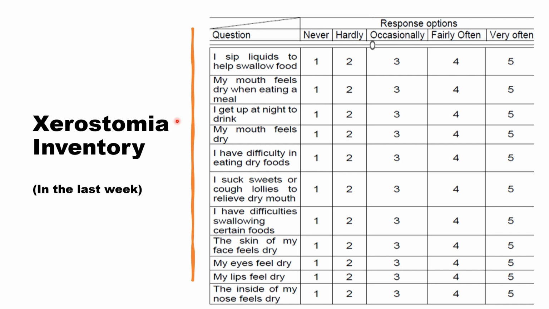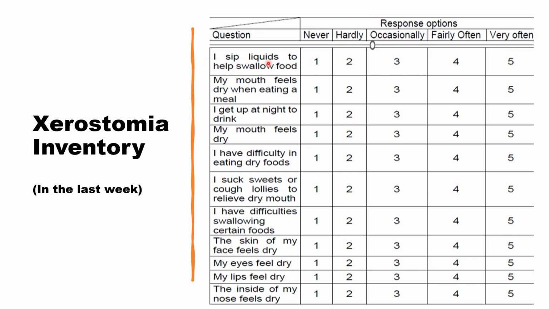One of the simplest questionnaires was the Xerostomia Inventory, which would quantify the patients' xerostomia in general by asking them some very straightforward questions, and they would have to grade it between never and very often.